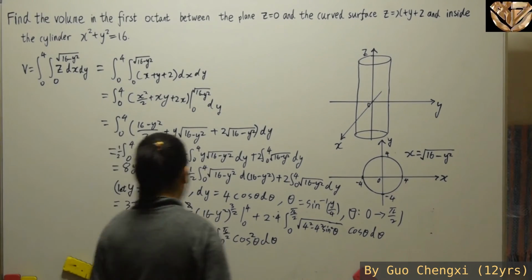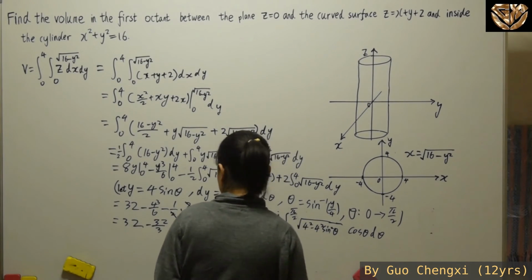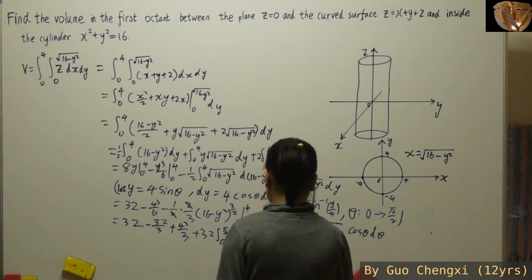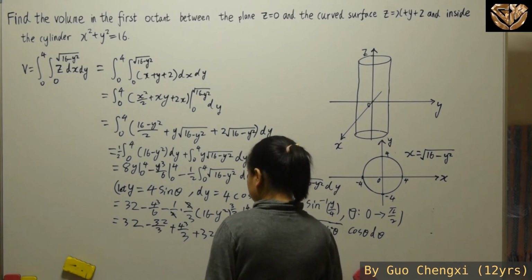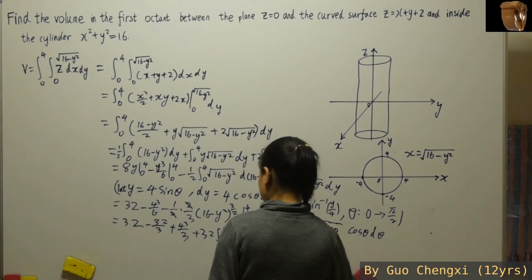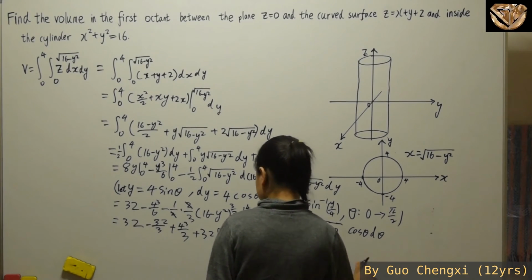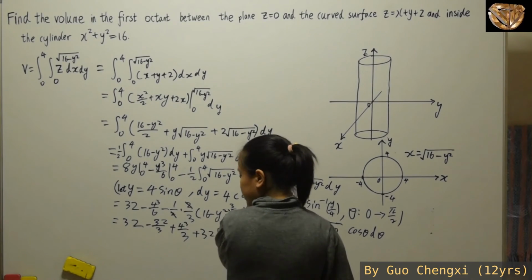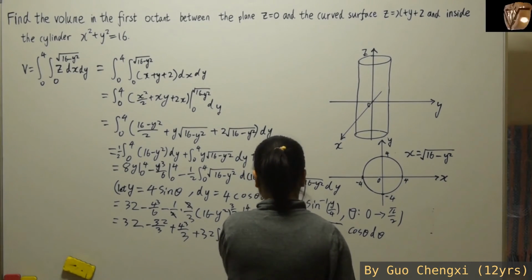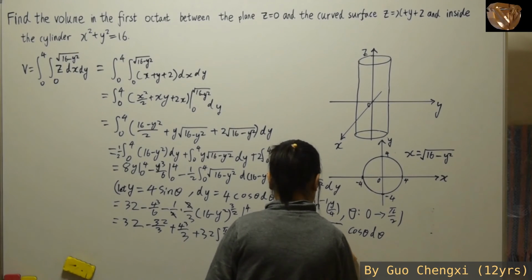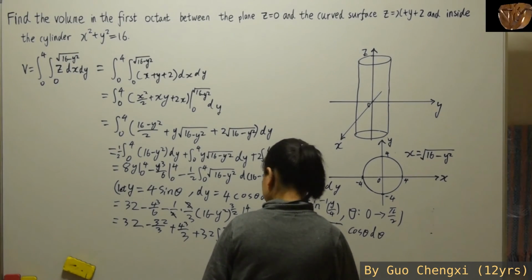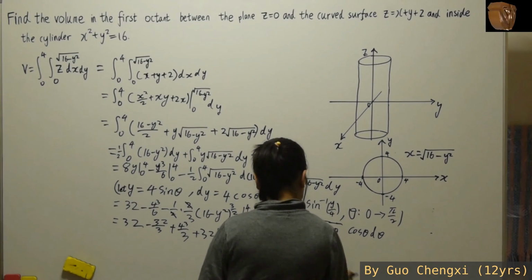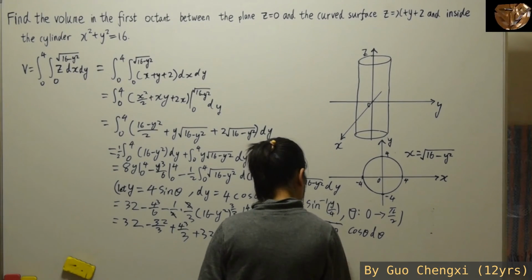So for this part over here, what we are going to have is 32 plus 32 over 3. Then plus, well over here these two kind of a minus, so 32 plus 32 over 3, then you plus. So what is cosine squared theta?